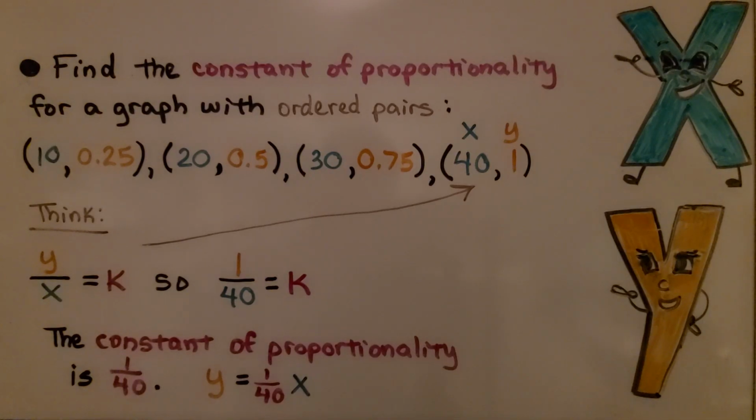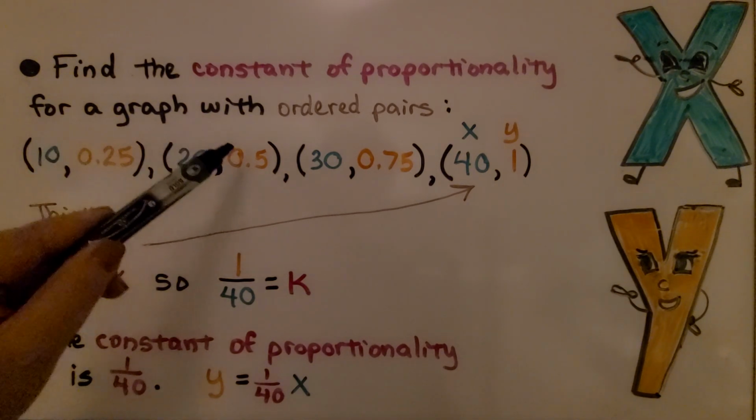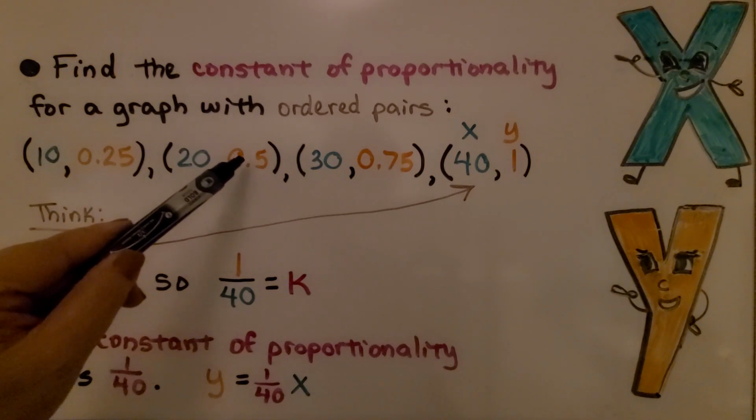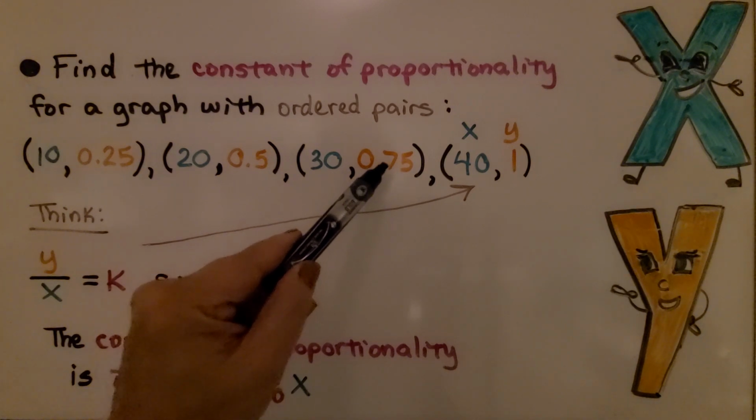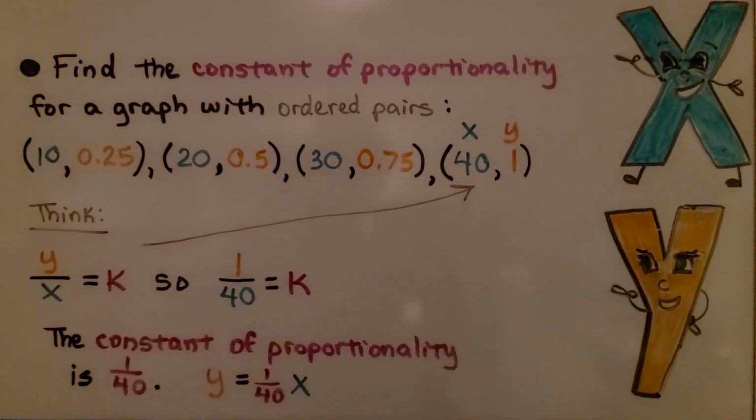Here it's telling us to find the constant of proportionality for a graph with these ordered pairs. We have 10 for x and 25 hundredths for y. We have 20 for x and 5 tenths for y. We have 30 for x and 75 hundredths for y, and 40 for x and 1 for y.